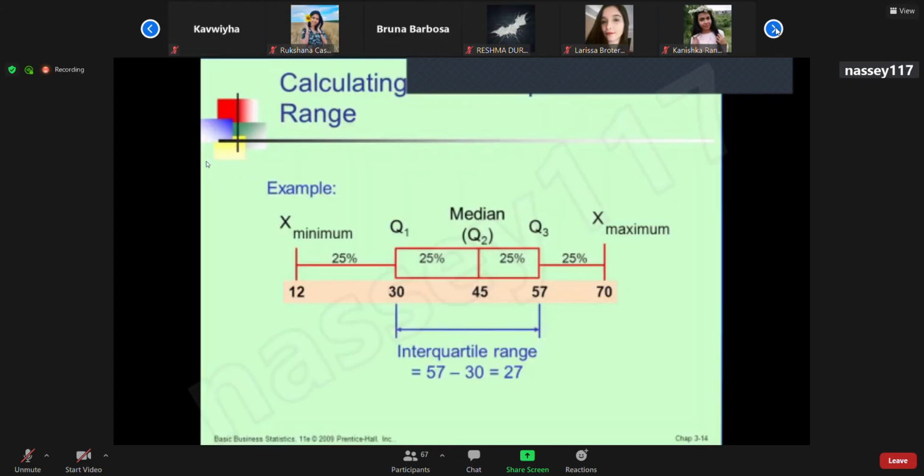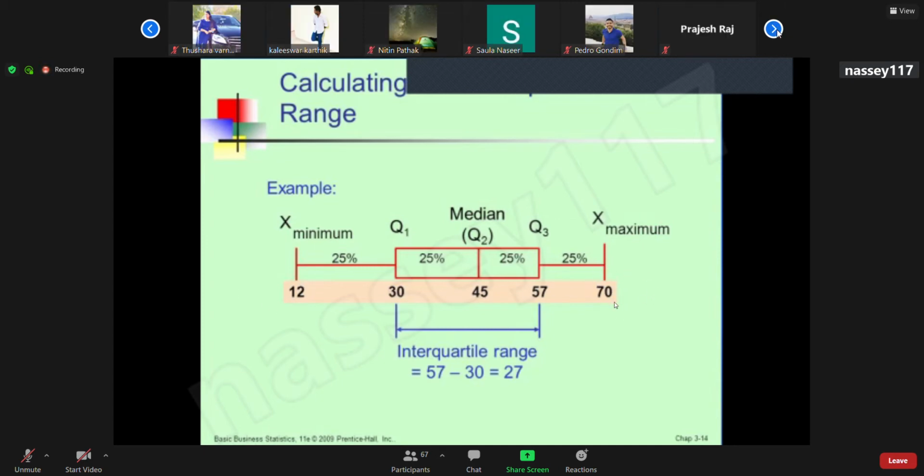A very convenient way to look at variation is by a graph. For example, you have minimum parameter 12 and maximum parameter 70, and the difference between 70 and 12, which is 58, is your range. Also, it's very important to look at quartiles.